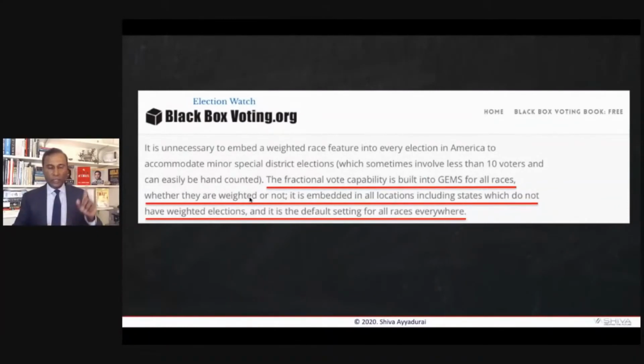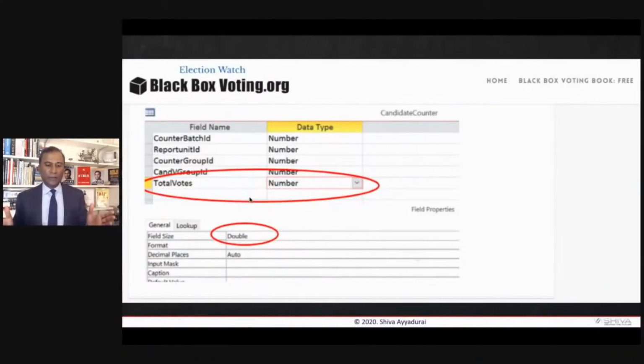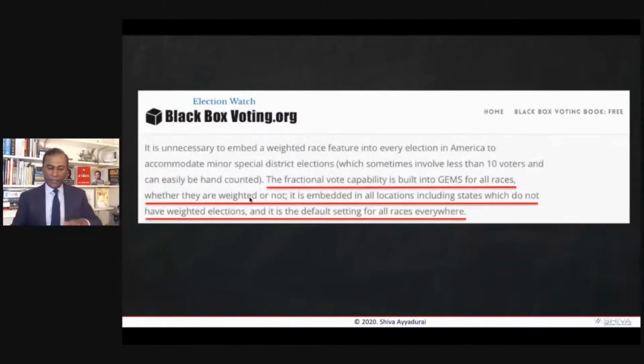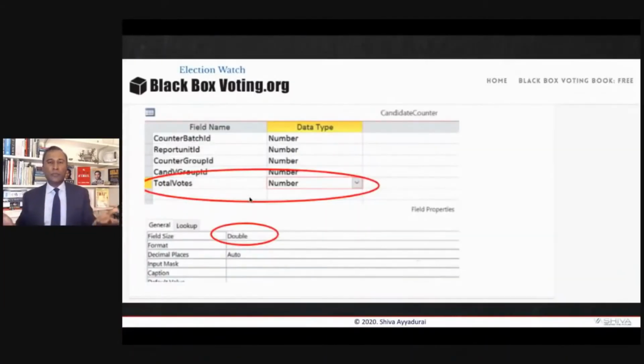All right. So what did Benny discover? Benny found out that the data store at the foundation layer is a simple Microsoft Access database, and it's not even password protected. So he looked in the database structure and voila, what does he find? The total votes data type is a double. They store the votes as a double fractional decimal.